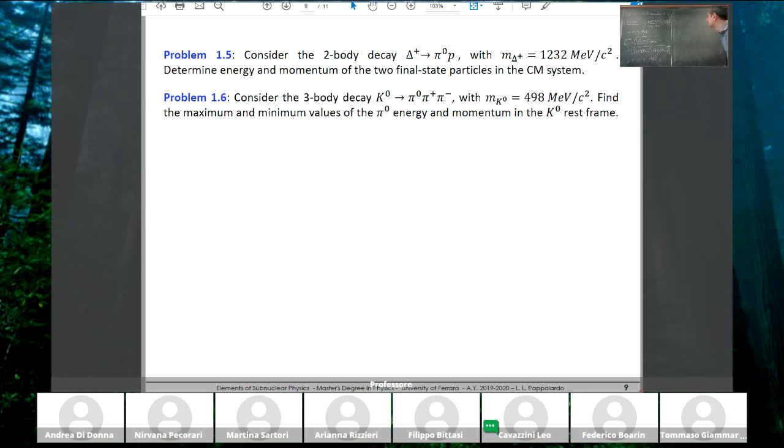Exactly, correct. Because in this case, the pi plus and the pi minus share the full momentum of the K0, and the pi zero is just at rest. So in this simple case, the energy of the pi zero min is zero, and also the momentum of the pi zero min is zero. It's a very special case, but of course this is one of the infinite possibilities, where the pi zero is at rest, and the other two, of course, have opposite momentum. Good. Clear to everybody?